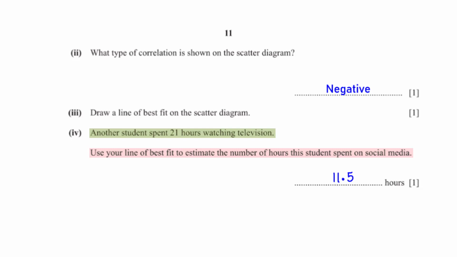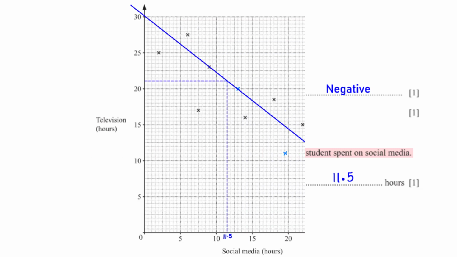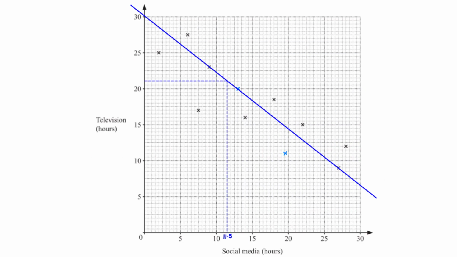Use your line of best fit to estimate the number of hours this student spent on social media. The vertical axis represents the number of hours spent watching television. So when we map 21 from the vertical axis to the line of best fit, we get the estimated time for social media to be 11.5 hours.